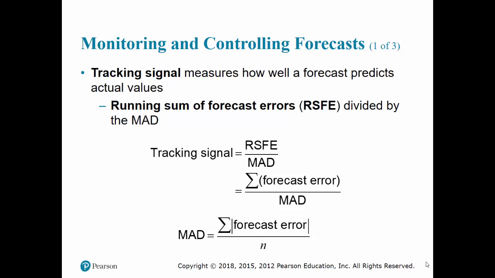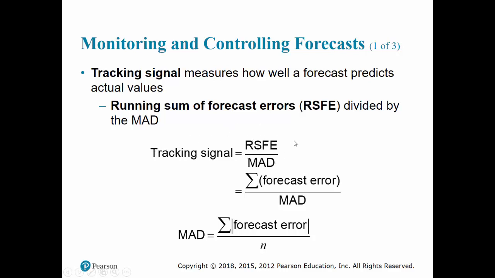So that's monitoring an ongoing situation where forecasts are automatically generated based on the model that you selected and that was giving reasonable and acceptable forecasts. Every time period when a new actual sales comes in, you have the forecast and then the actual comes in, then you calculate a running sum of forecast error and a running MAD, and then you take the ratio of these two.